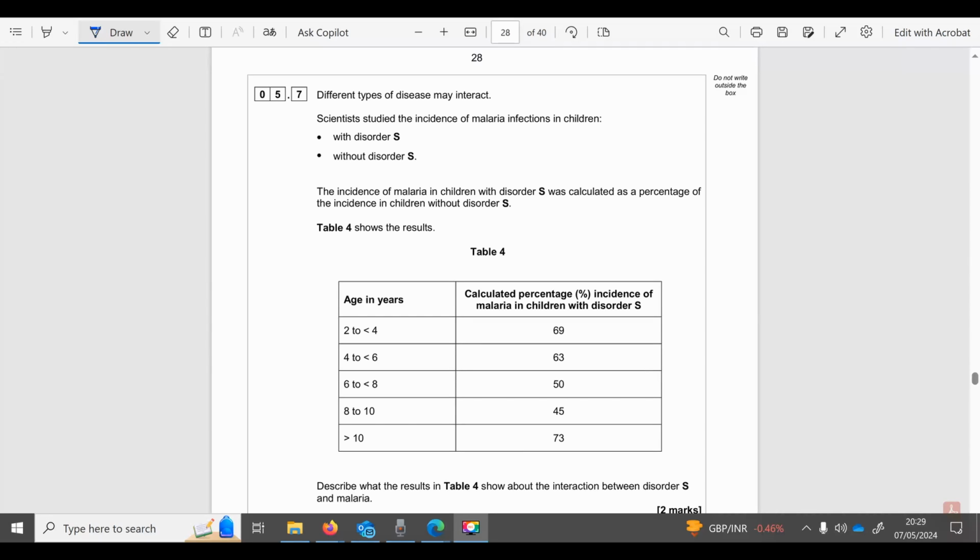Question 5.7. Different types of disease may interact. Scientists studied the incidence of malaria infections in children without disorder S and with disorder S. The incidence of malaria in children with disorder S was calculated as a percentage of the incidence in children without disorder S. Table 4 shows the results.